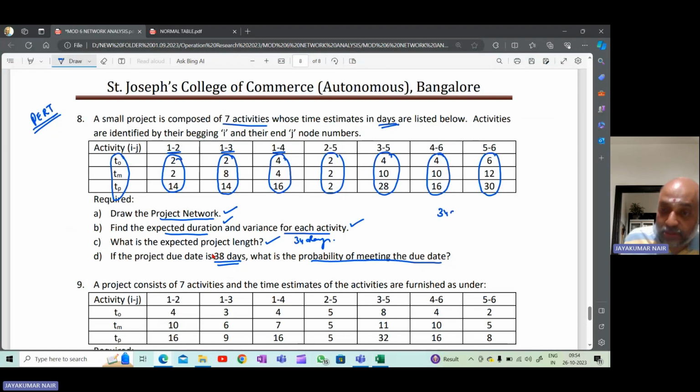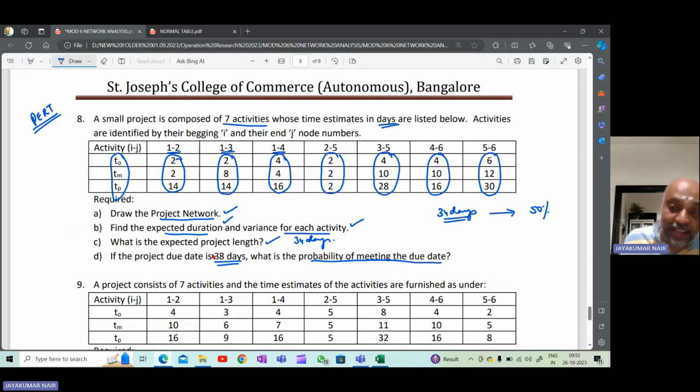Remember, on the critical path, the expected project duration is 34 days. And at 34 days, the probability of you completing the project is 50%. So anything more than 34 days, it will be more than 50%. Anything less than 34 days, the probability will be less than 50%.